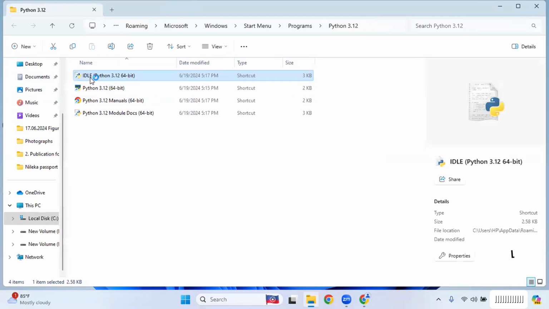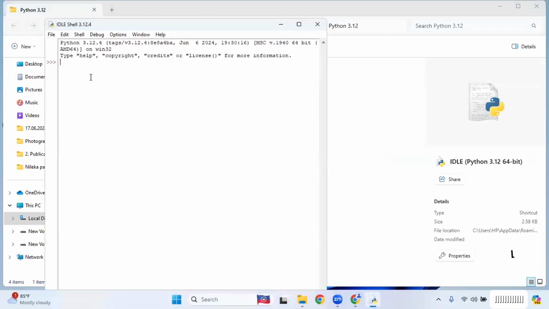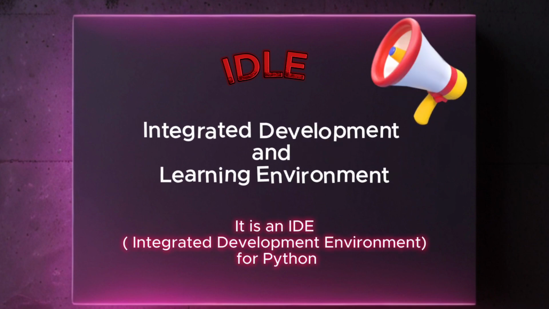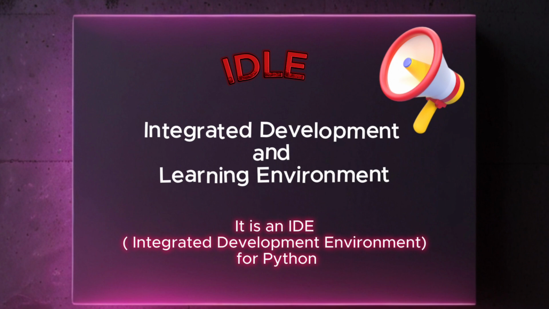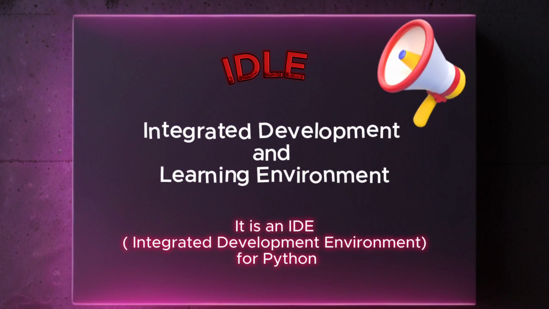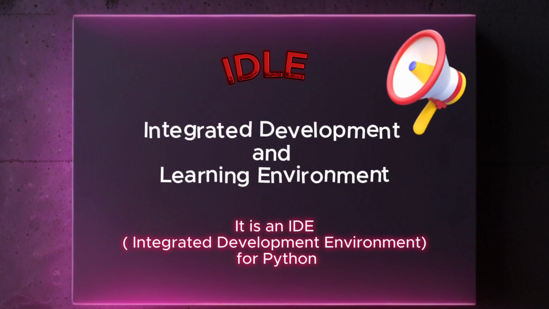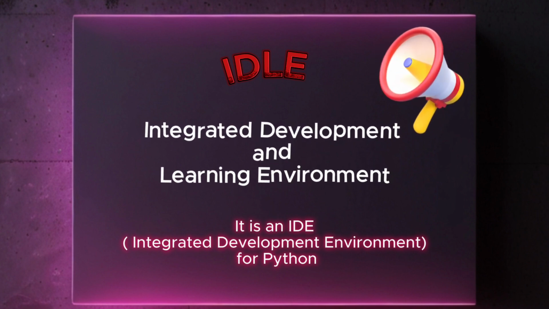Let's click on Python IDLE. This opens up the Python terminal. Python IDLE is an integrated development and learning environment. It comes bundled with every Python installation. It's there to help you get started with the language right out of the box.